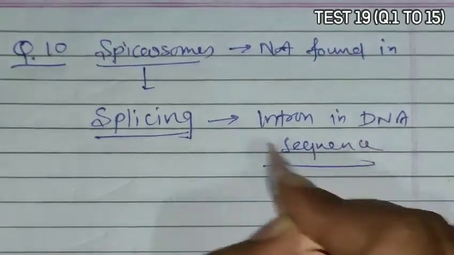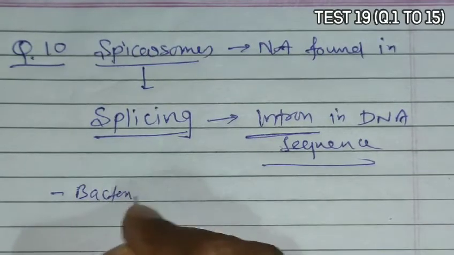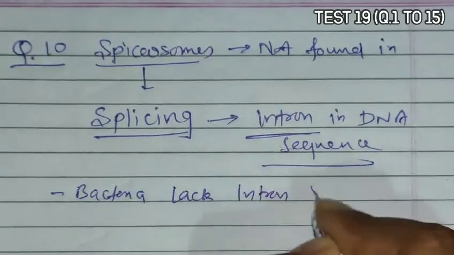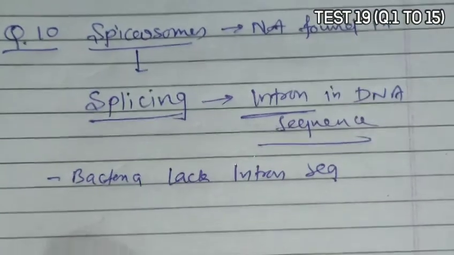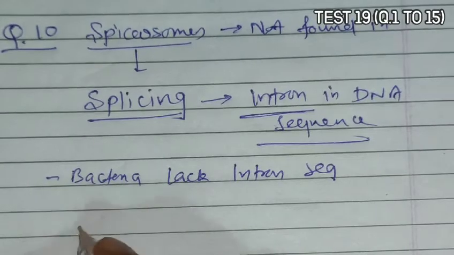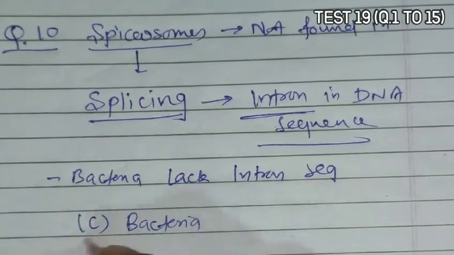Eukaryotes have introns in their DNA sequence. Bacteria lack intron sequences, so splicing is not required in bacteria. So C, bacteria, is the correct answer.